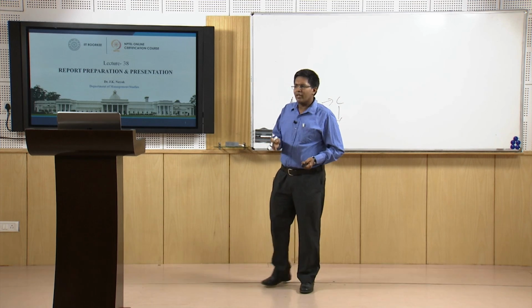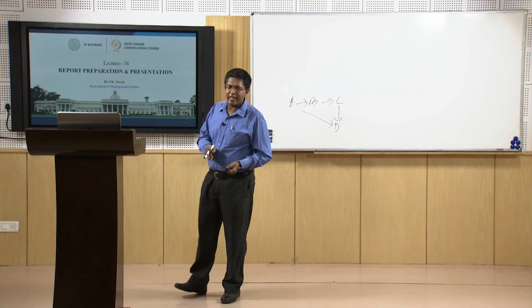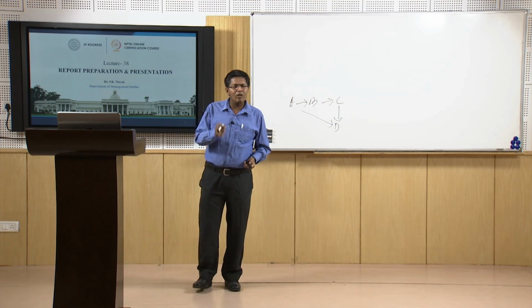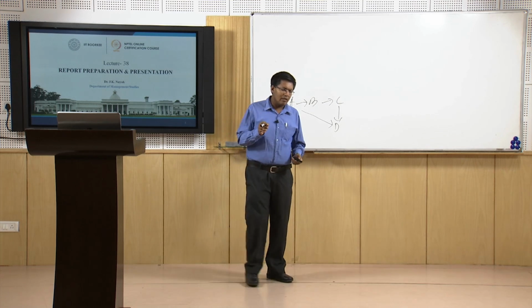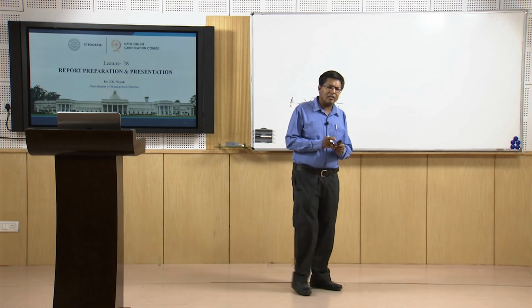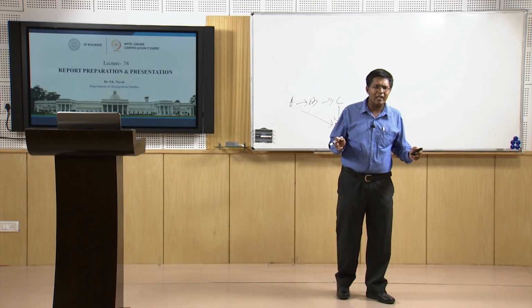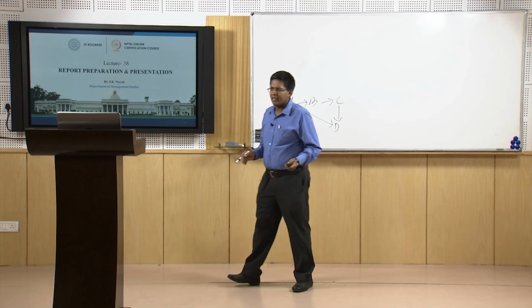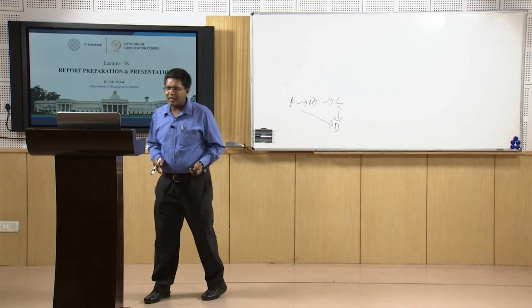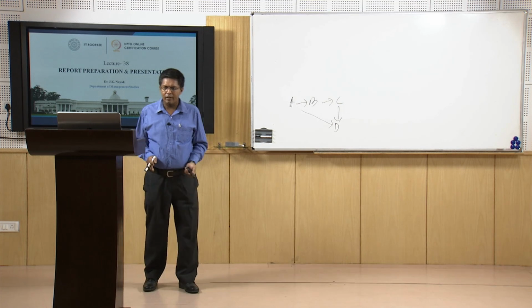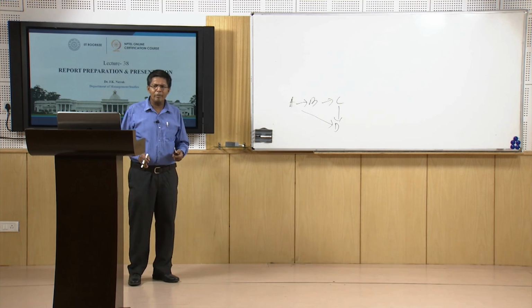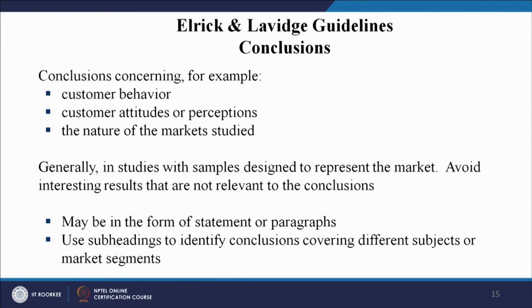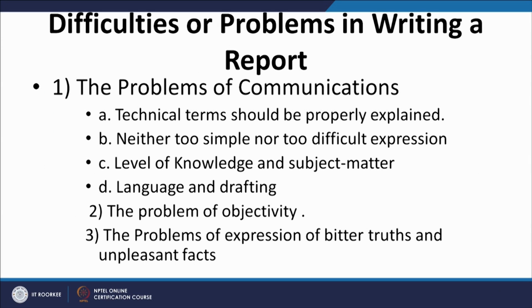If you have not done a study, or if something is not coming as a part of your data, or there is no substantial scientific backing, then please do not cite such data, right. Do not write anything regarding that, because it is not relevant to your study, right. Maybe in the form of statements or paragraphs, use subheadings to identify conclusions covering different subjects or market segments.